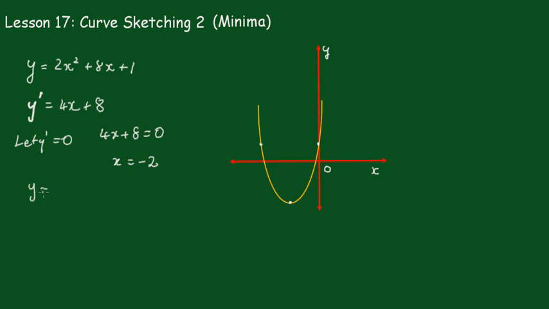And y equals 2 times negative 2 squared plus 8 times negative 2 plus 1. This will become 8 minus 16 plus 1, which gives me negative 7. So this is the point, minus 2, minus 7.